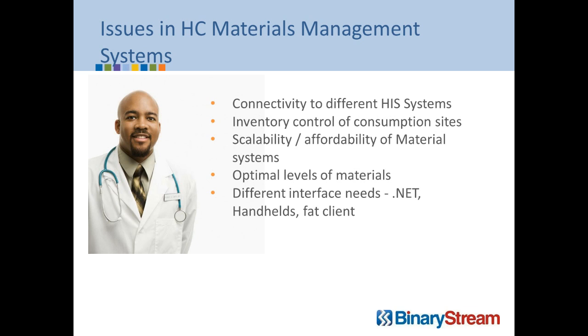And the next thing, always around all hospital systems, is what's the scalability and affordability of your material system? Gets back to that first point we saw on the last slide. Is there enough size? Is the scalability of the system going to be enough for what's going on now with materials and the investments there versus what's going to happen in the next 5 years? And what is the optimum level of materials that you want to have in your organization?